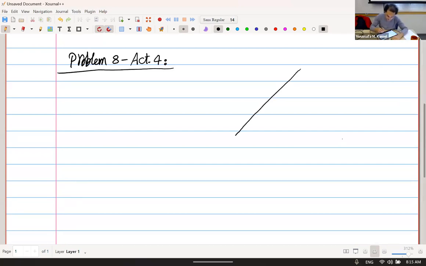Problem 8, activity 4. Okay. So let's start by drawing the free body diagram, which is already drawn, but let's have it here. So we have the gravity vertically downwards. We have two forces parallel to the ramp, the friction force and the tension force.